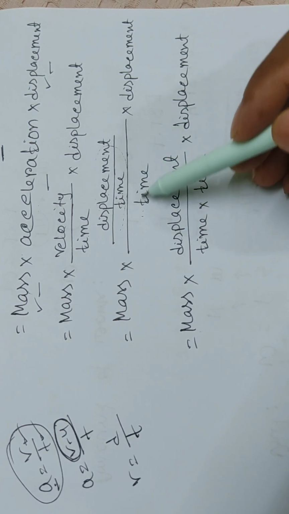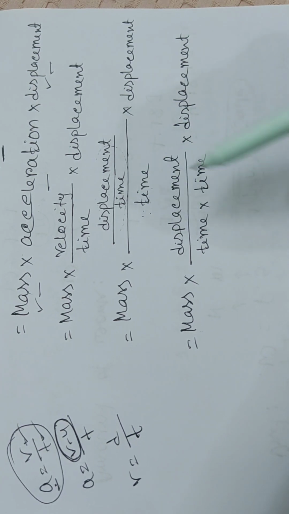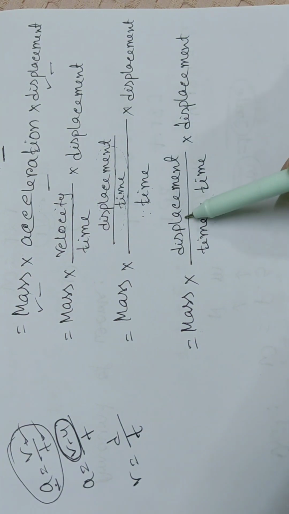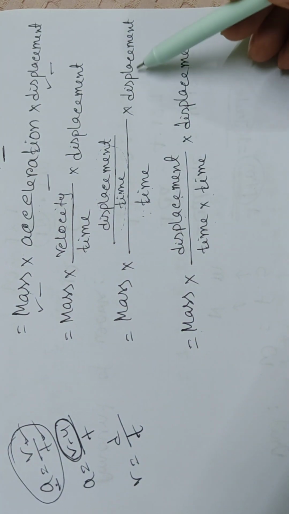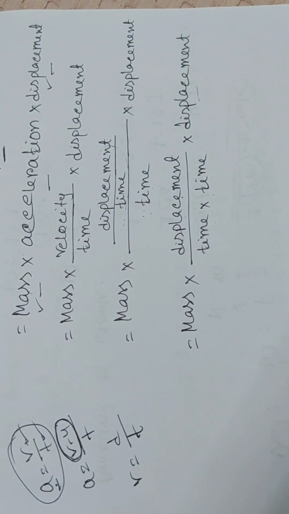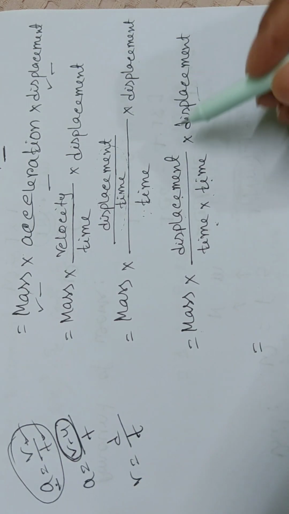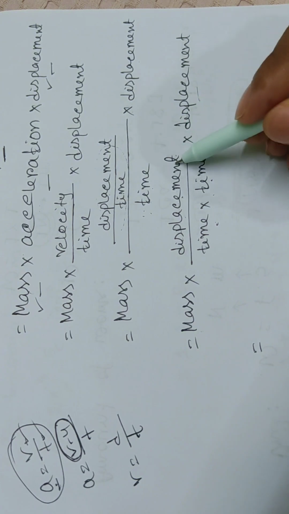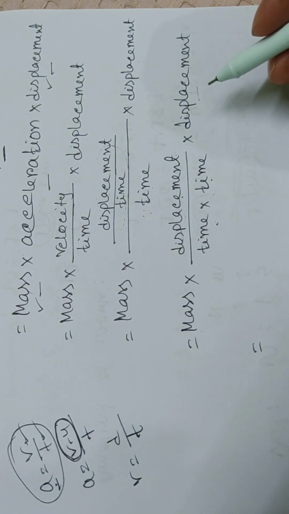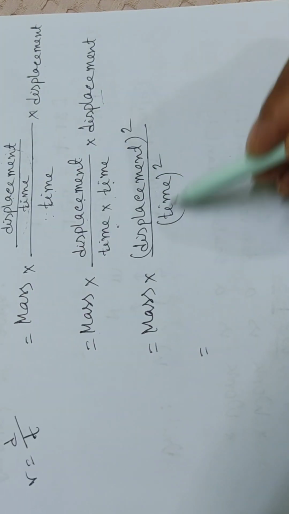That's why time multiplied by time, and displacement multiplied by displacement. Time times time means time square, and displacement times displacement will be displacement square.